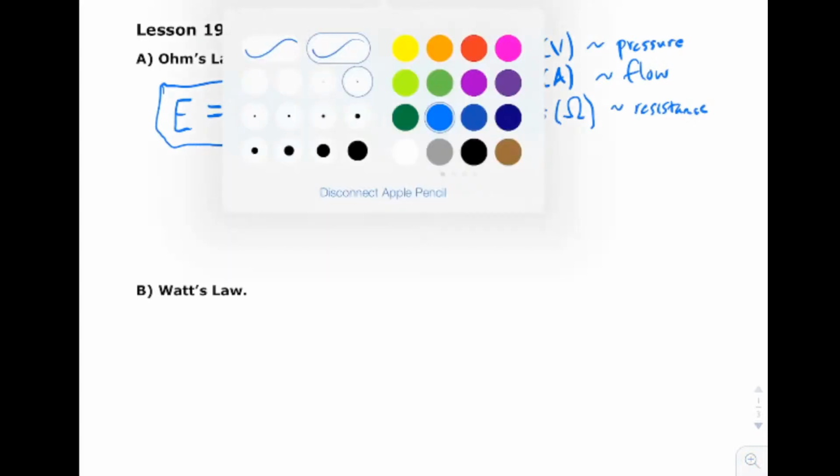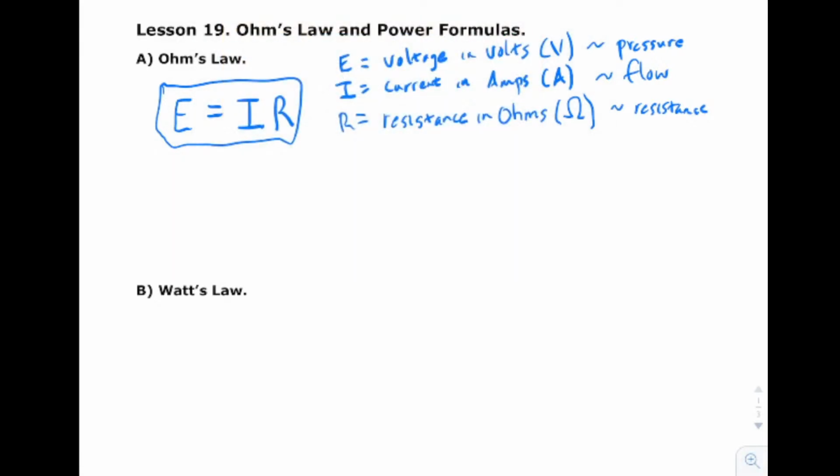Now, it's not a bad idea, especially when you're first learning this formula, to sort of chew on it. You should always chew on it. So if we chew on it, what's this saying? Let me just make up some numbers. Let's say you had 40 volts. Well, one way to do 40 volts is to have, I don't want to put the units, it's too confusing, 4 amps times 10 ohms, right?